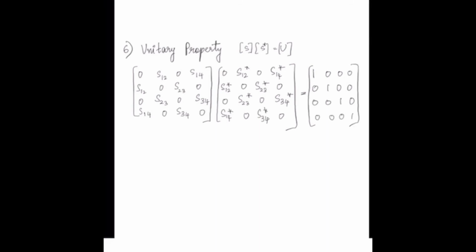Now here matrix multiplication has to be used. Considering first row and first column, that will be equal to S12 into S12 conjugate plus S14 into S14 conjugate. So it can be written as S12 square plus S14 square is equal to 1.